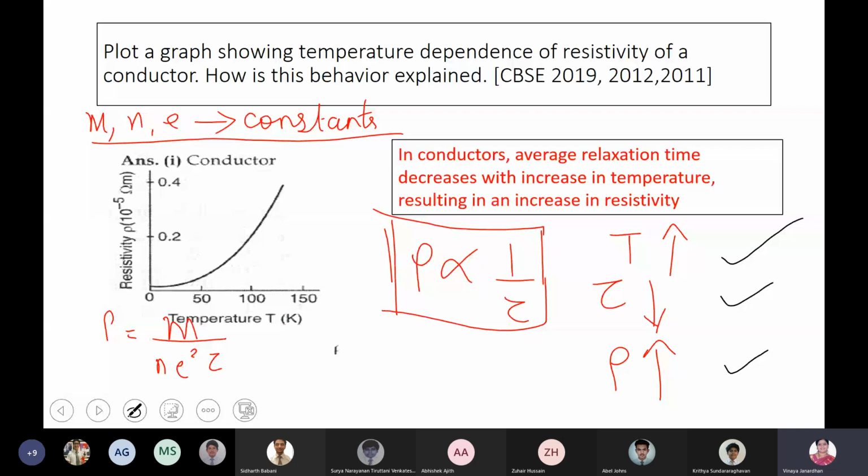And it will not be a straight line graph, boys. If rho were directly proportional to T, it would have been a straight line graph. Rho is inversely proportional to tau, because it comes in the denominator. You have to draw the graph. The reason is what is being given.